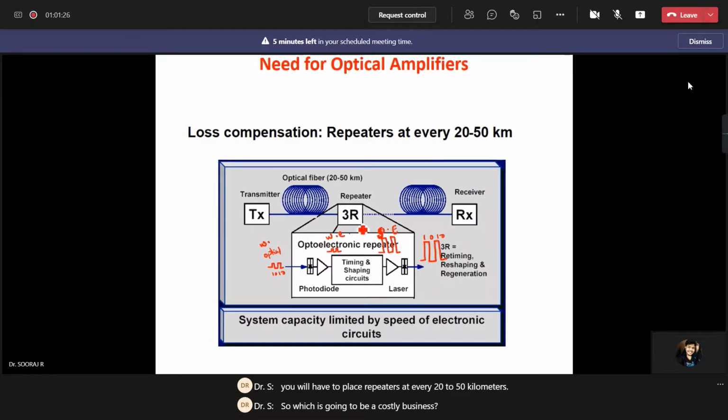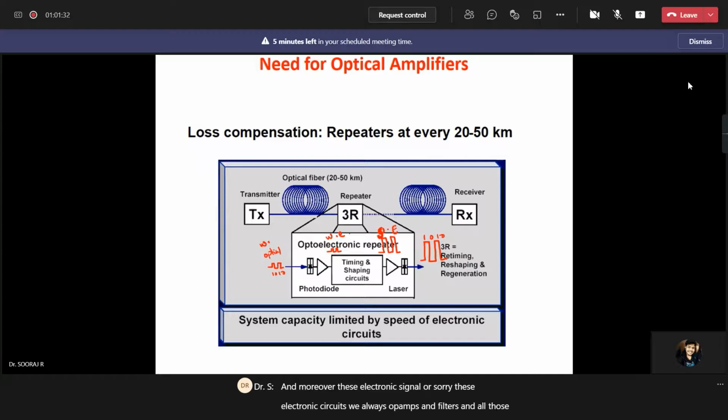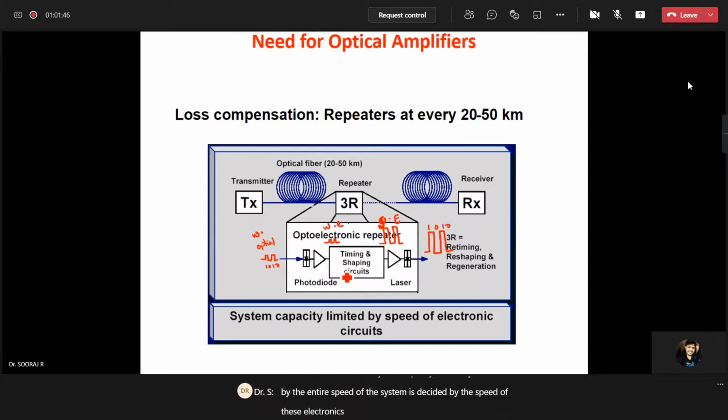And moreover, these electronic circuits, all these op-amps and filters and digital signal processing circuits, are slower. Therefore, the entire speed of the system is decided by the speed of these electronic circuits. So the slower one would decide the speed of the entire thing.